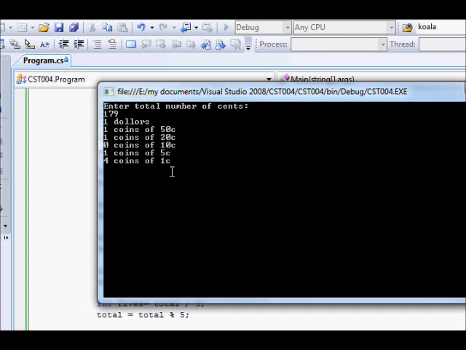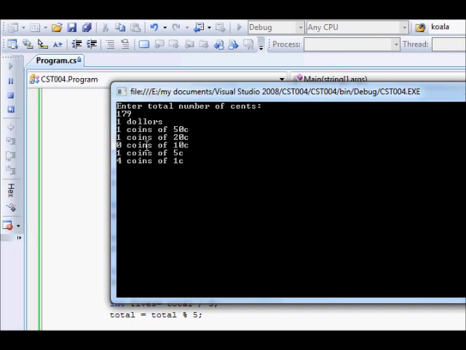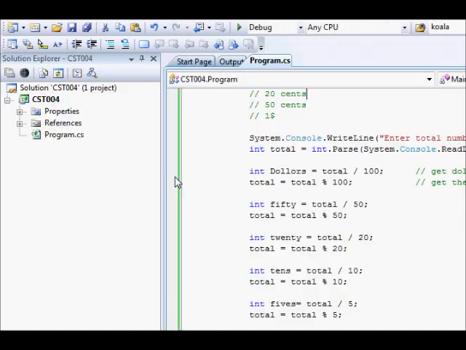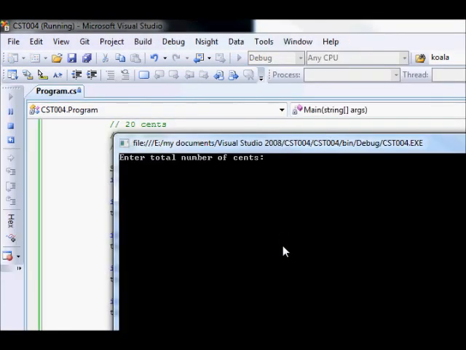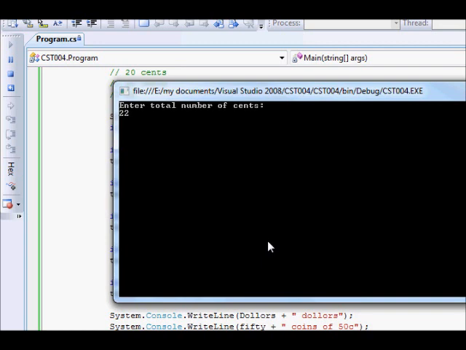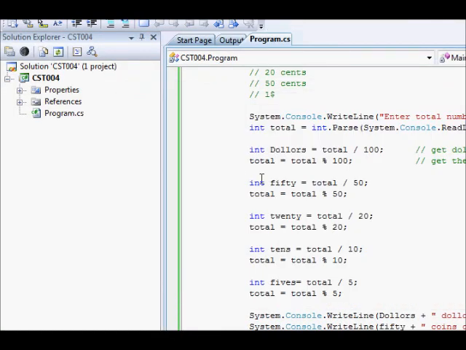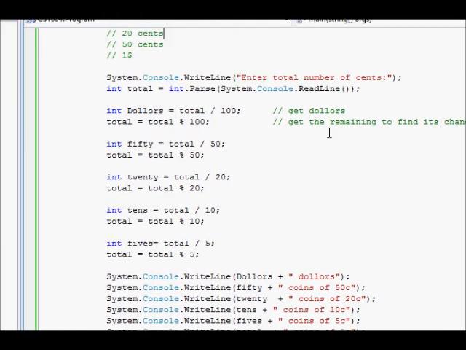It's very straightforward, right? And also you could just add: 50 cents plus 20 is 70, plus 5 is 75, plus 4 is 79. We can test that again. Let us say 210. This converts to $2, one coin of 10 cents, and two coins of 1 cent. Very easy, very straightforward, right?